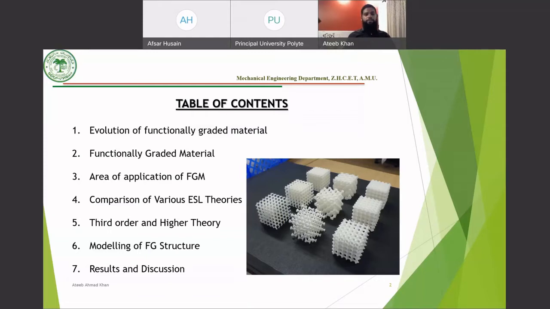analytical solution is basically possible only for simply supported cases. And I'll be showing you some of the results obtained from Abaqus, and I'll be discussing how to model this type of material in Abaqus.